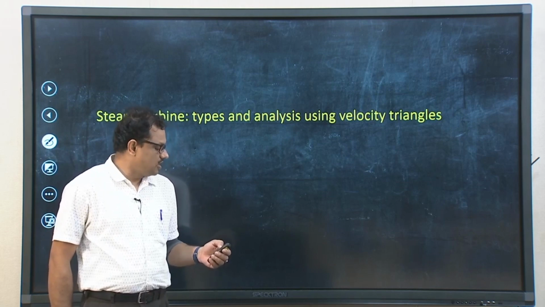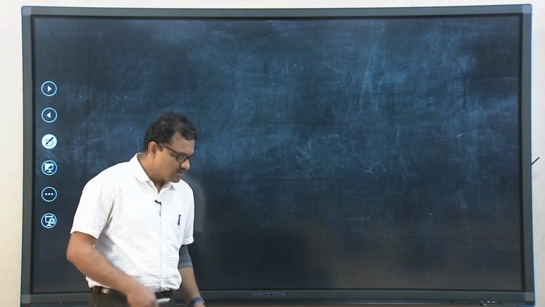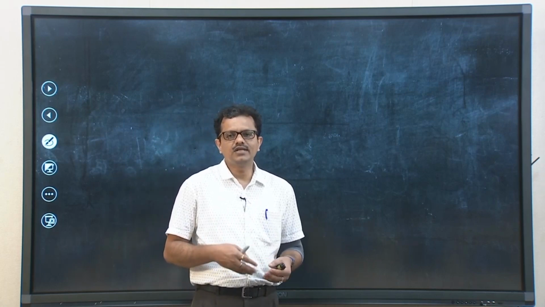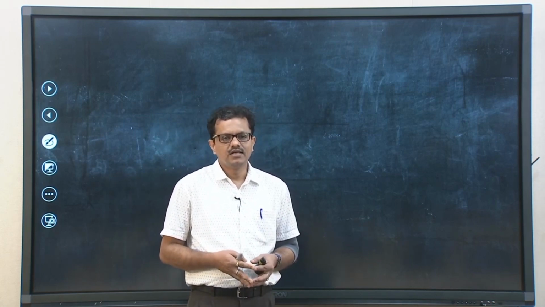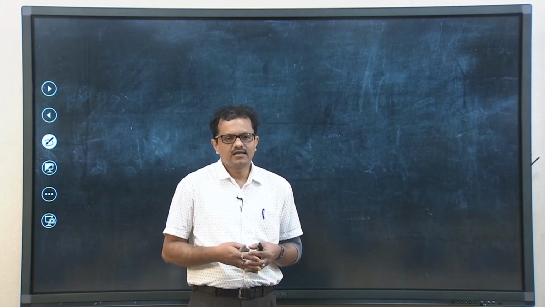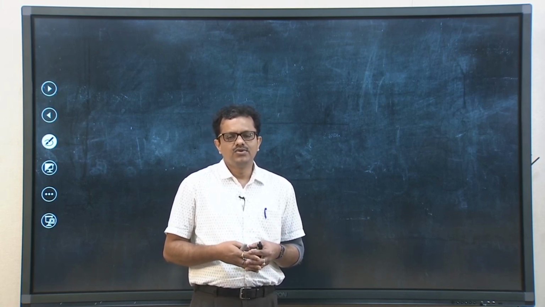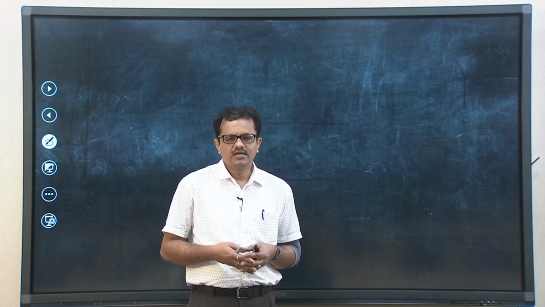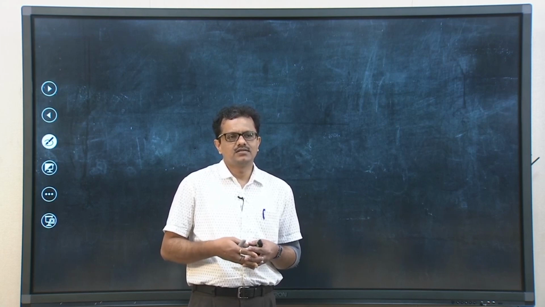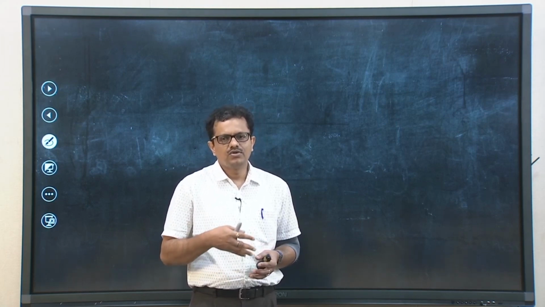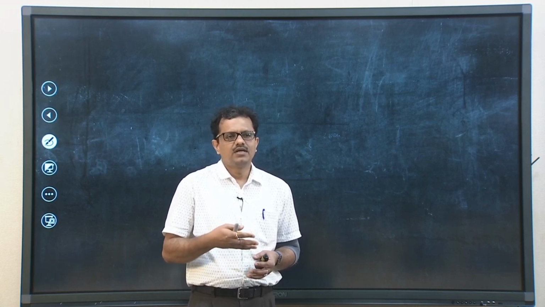So, if we recall exactly what we discussed in the context of the steam power cycle, we will see that steam which is produced in the boiler or steam generator is allowed to flow through the turbine.